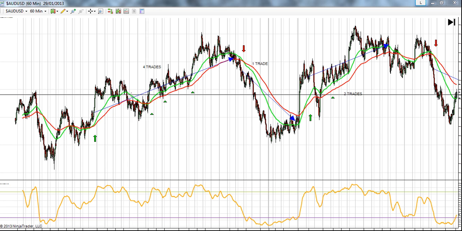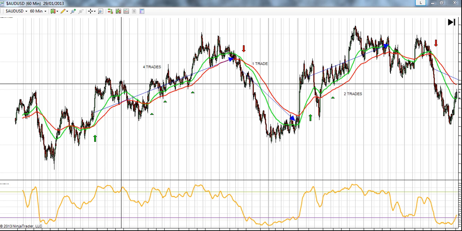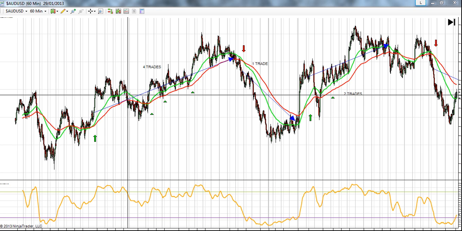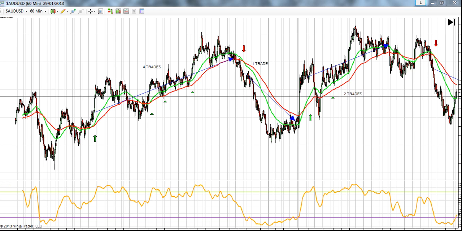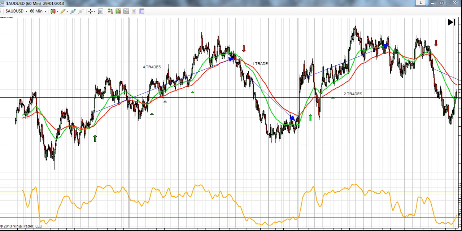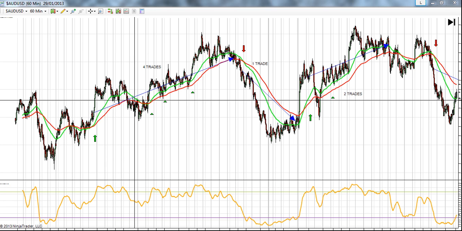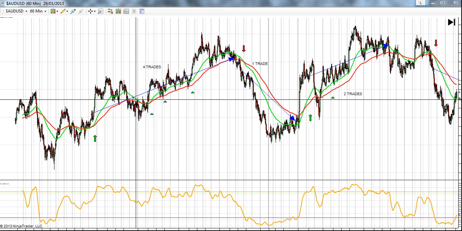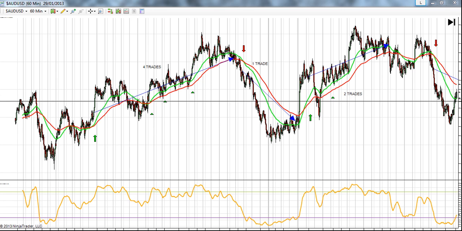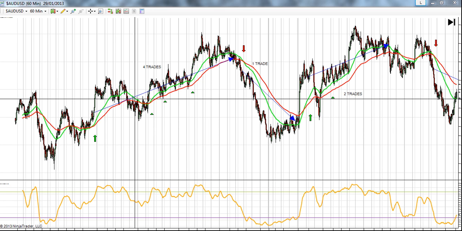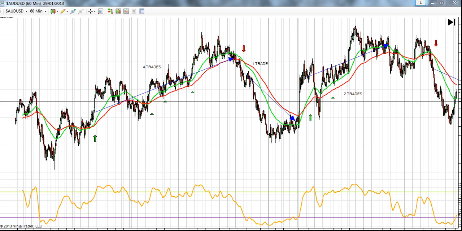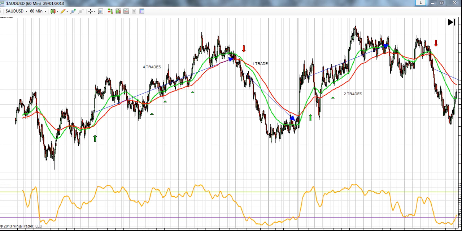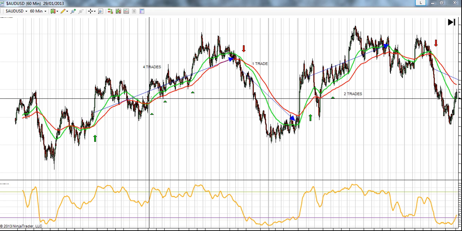The first thing we're looking for is for price to be moving down through the green line and either going through the red or getting halfway between the green and red, to that red line. So we want the price moving towards that red line, either touching it, going through it, or getting really close. Then we want price to move back up through the green and red line here.